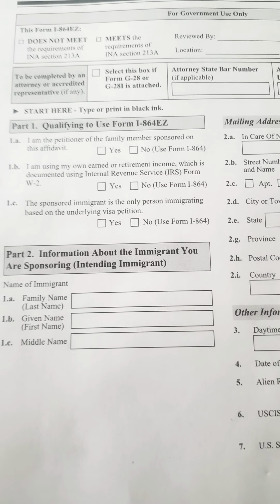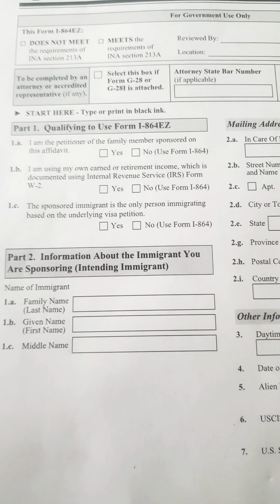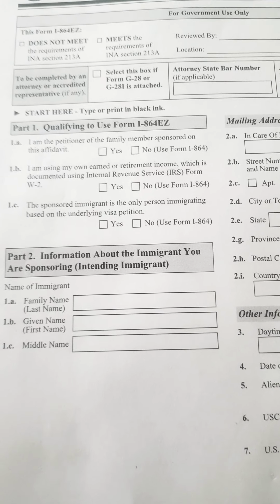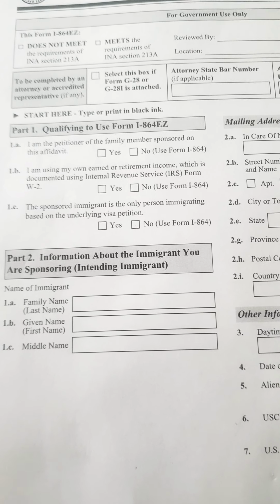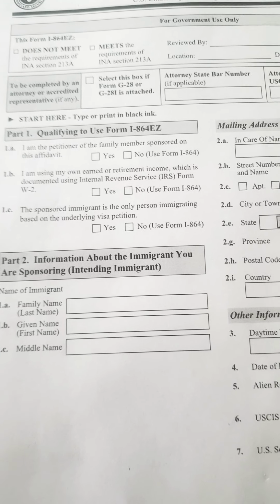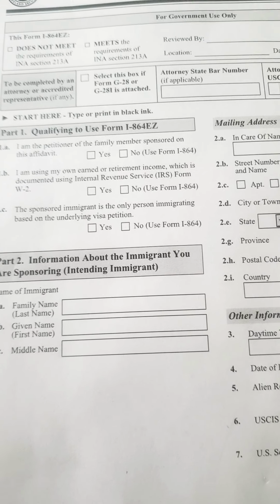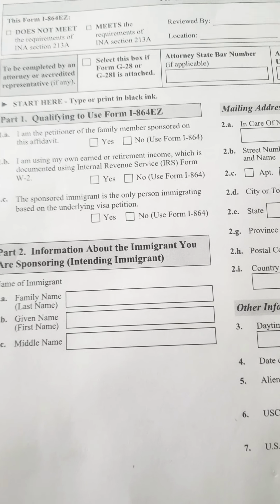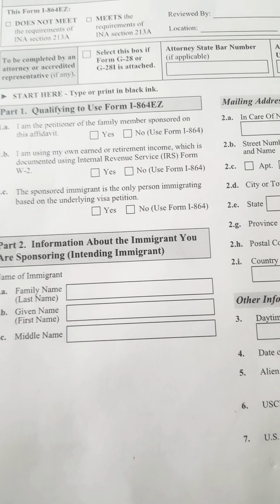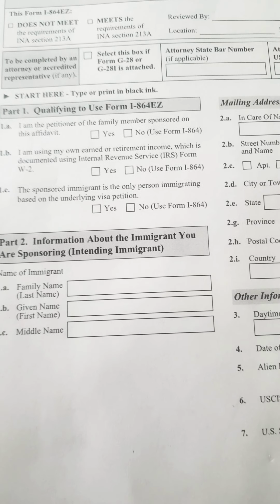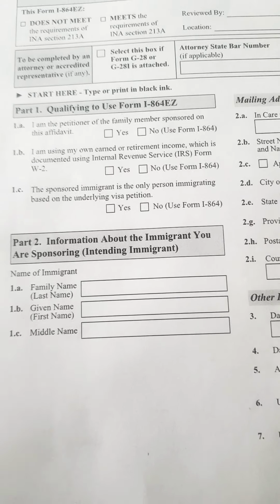And number 1C, the sponsored immigrant is the only person immigrating based on the underlying visa petition. Your answer is going to be yes. All they wanted from 1A to 1C, your answer should be yes.